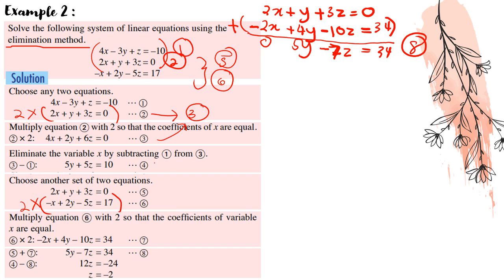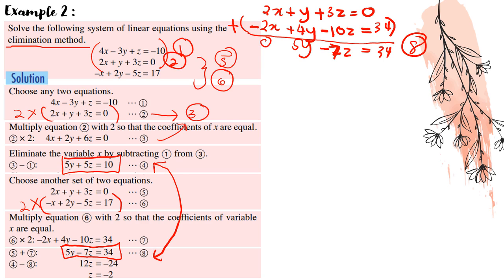And then if you compare these two, just now you have 5y plus 5z is equal to 10, and now you have 5y minus 7z is equal to 34. So you can eliminate one of the variables, which is variable y.